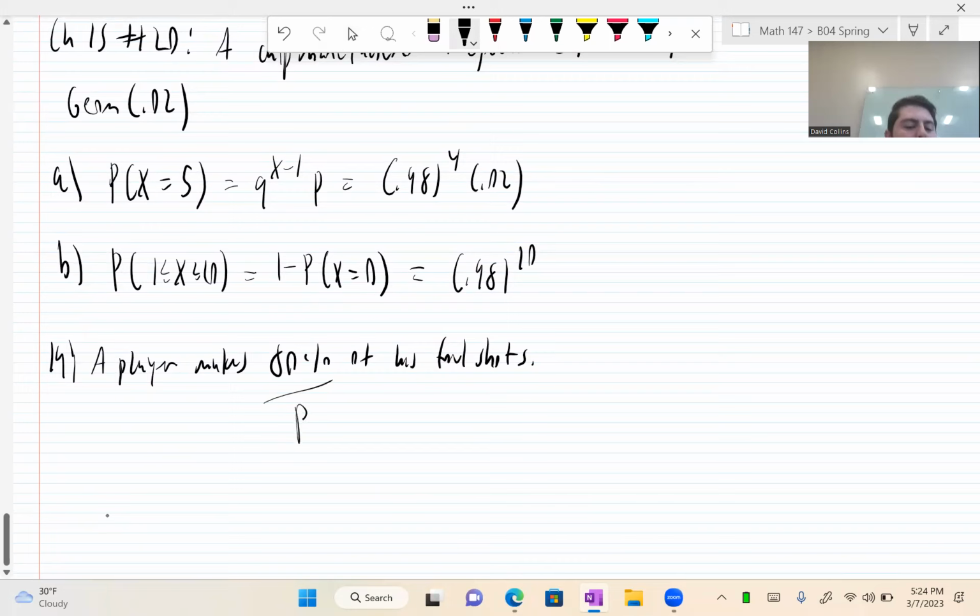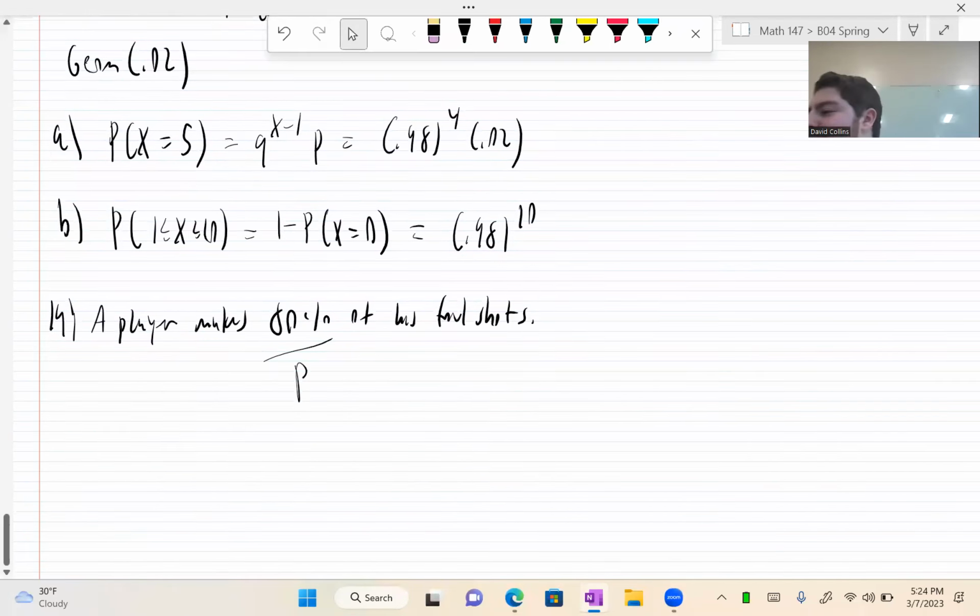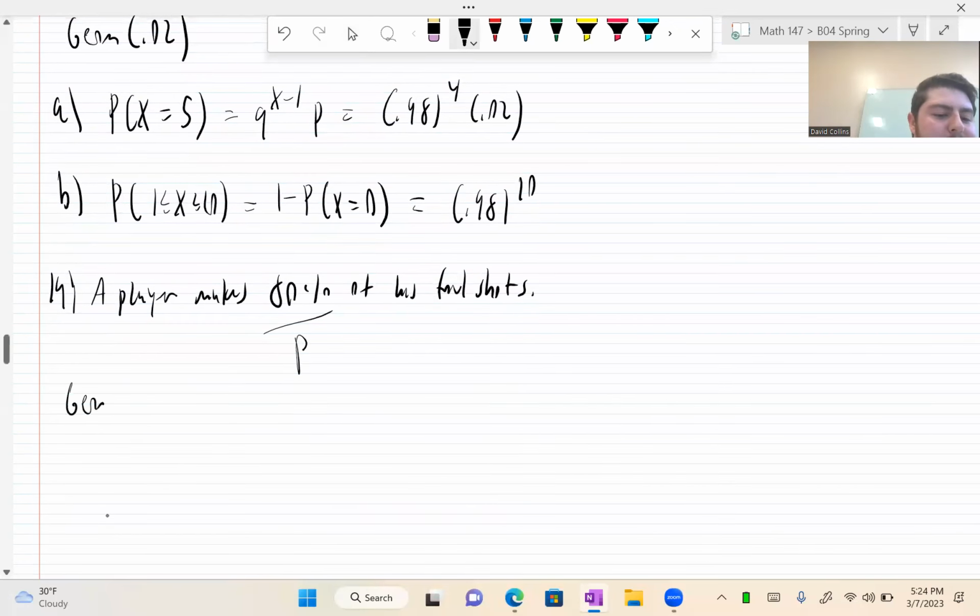This is our probability, right? We don't have an N, just based off this information. So this is a geometric 0.8.